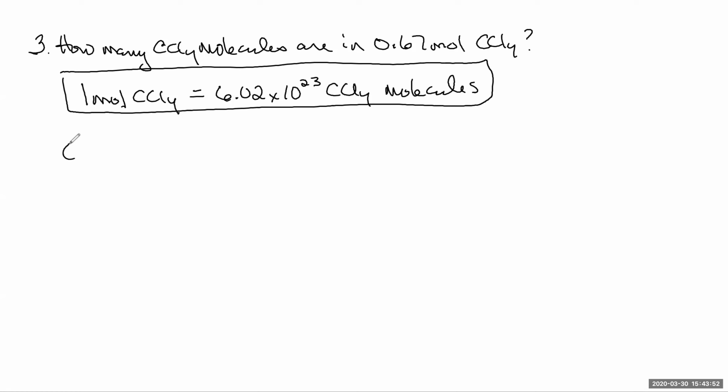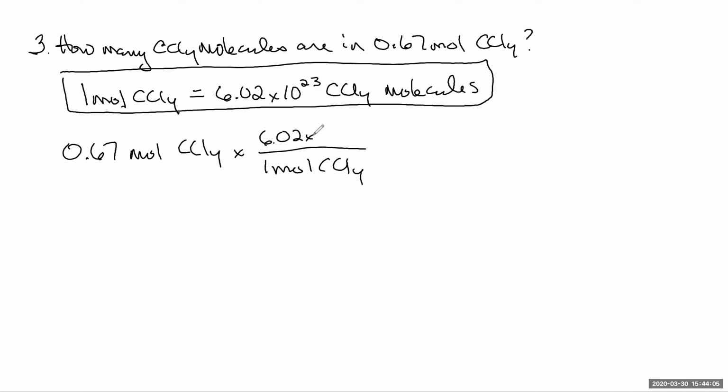Our given is 0.67 moles carbon tetrachloride. We want to get rid of the unit of moles, so I'm going to put 1 mole on the bottom. I'm going to put the number of molecules on the top.